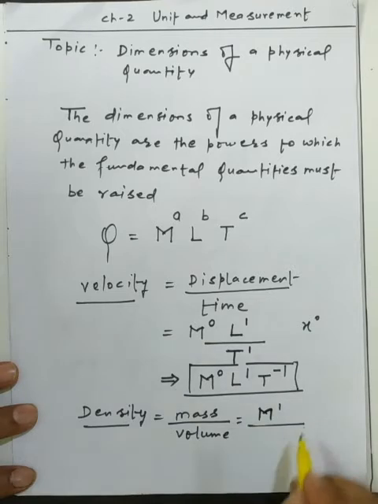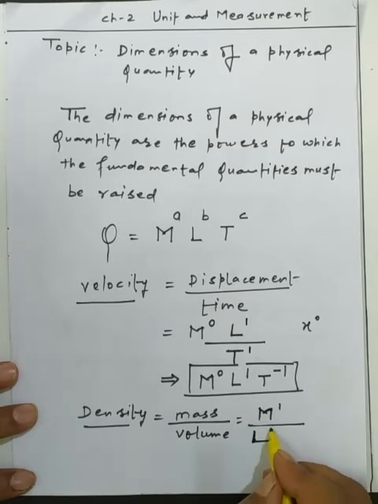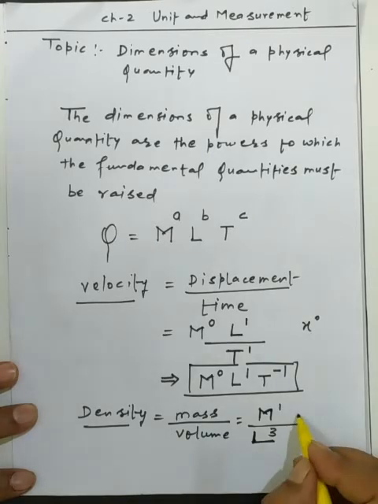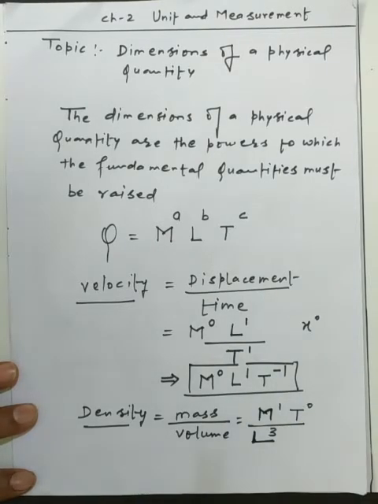We represent the mass with base M and the power of 1, and for the volume we have the formula length into breadth into height. In this formula the length comes 3 times, so we put L raised to 3. Similarly, we don't have the parameter of the time, so we put T raised to 0. So the final formula is M1 L minus 3 T raised to 0.